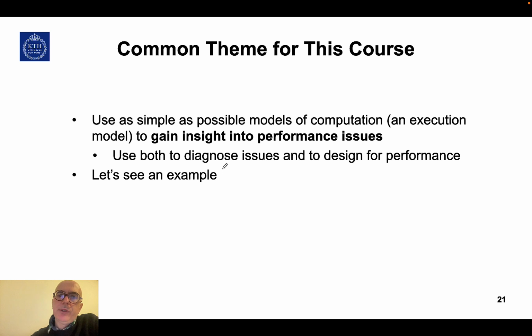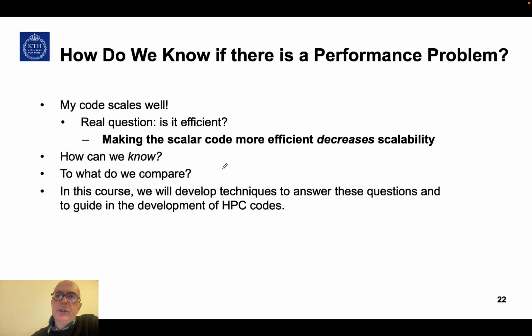The common theme for this course is to use models of computation as simple as possible as an execution model to gain insight into performance issues. So we are going to use performance models to diagnose issues and design code for performance. So how do we know that there is a performance problem? If you have a code, you're probably very optimistic and very proud of it, and you say, oh, my code scales quite well.